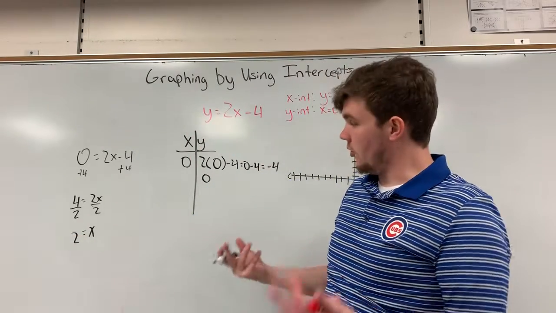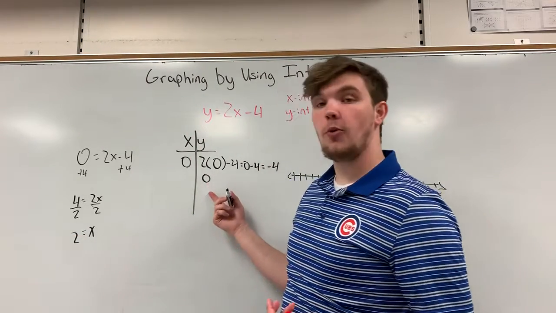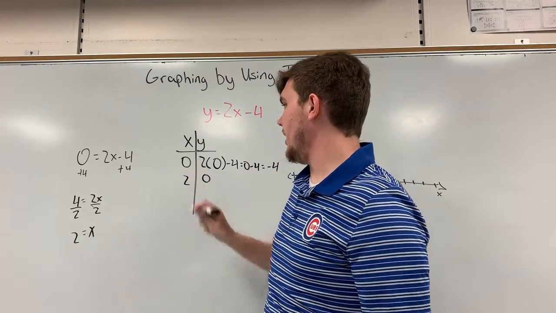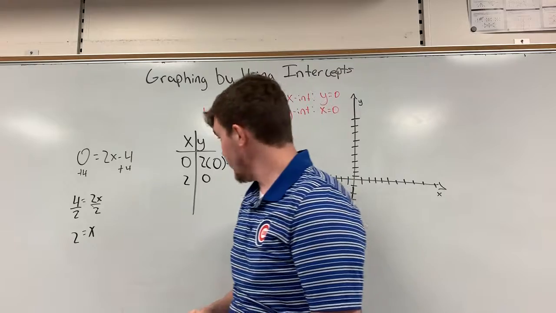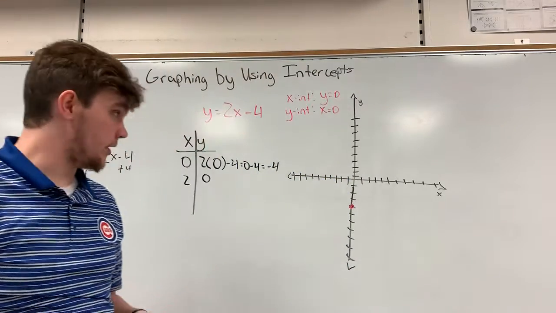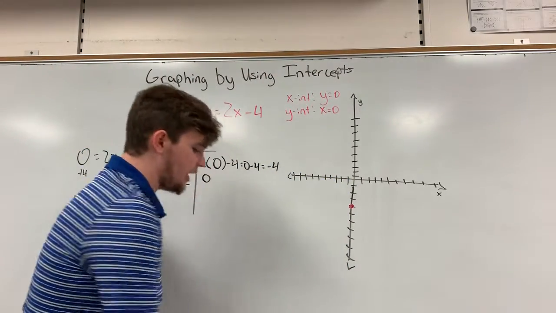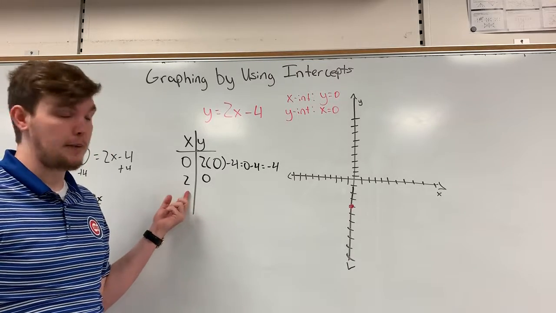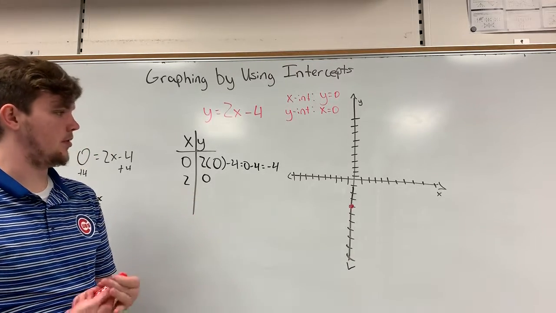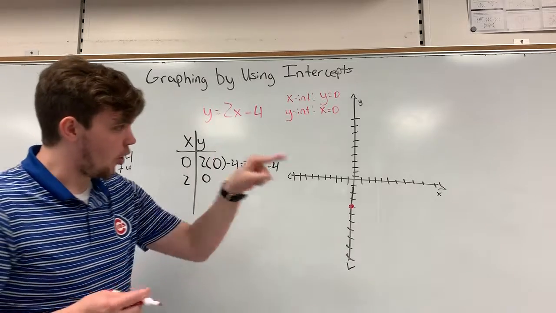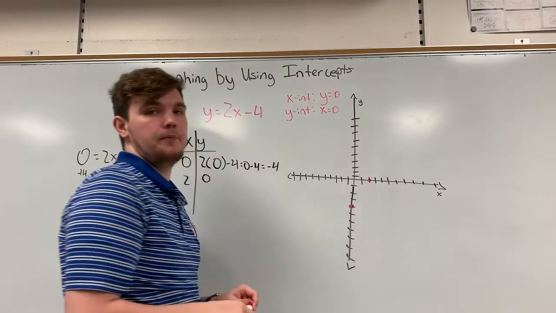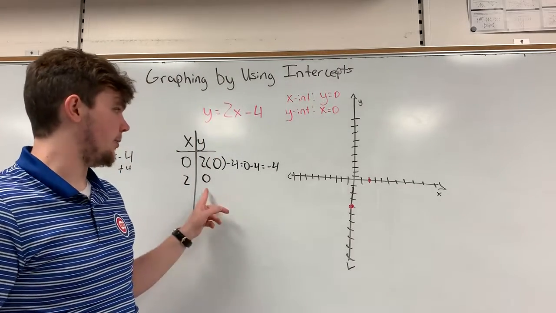So I substituted in 0 for y, and I got 2 for my x. Now we're really close to being done. I just have to graph this one last point, (2, 0). I'm going to go over 2, and I'm not going to go up or down at all, because my y was 0.